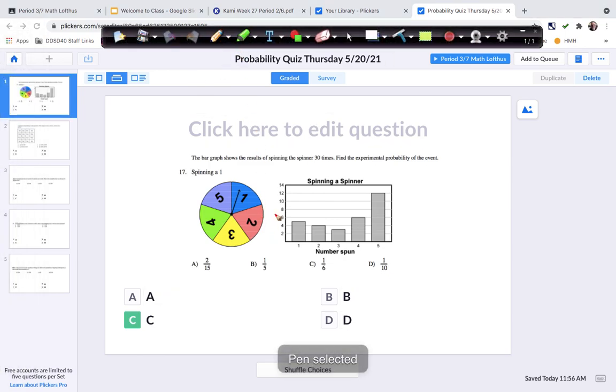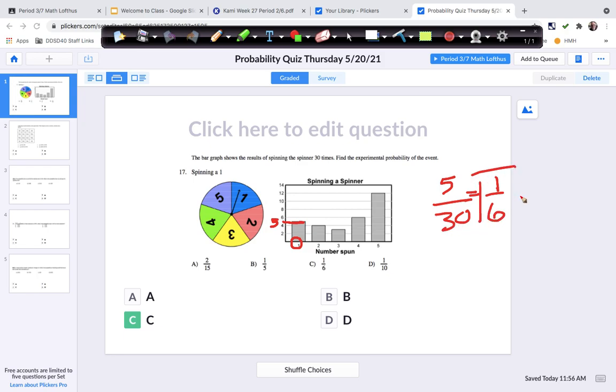The bar graph shows the result of spinning the spinner 30 times. Find the experimental probability of the event. We know it's going to be out of 30 because that's the total. And this right here says that the 1 occurred 5 times. That can simplify to 1/6. 5 goes into 5 once, 5 goes into 30 six times.